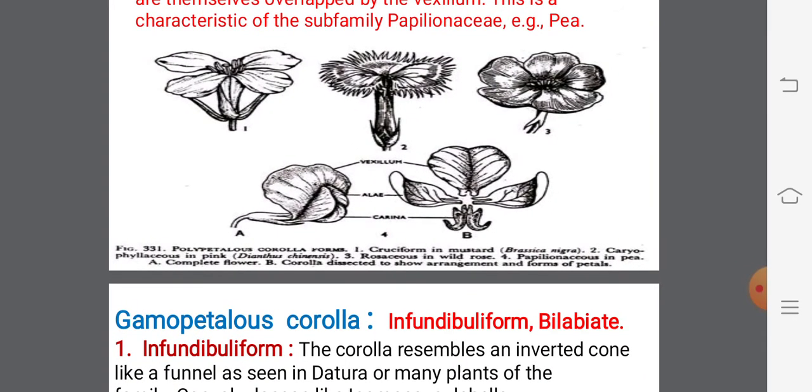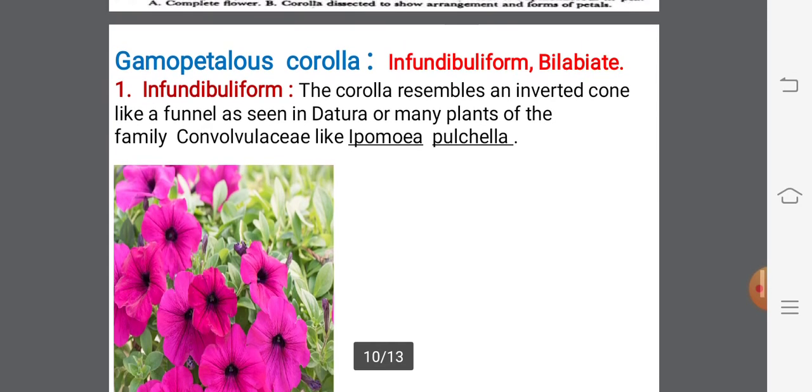In gamopetalous corolla we have two types, infundibuliform and bilabiate. Infundibuliform corolla resembles an inverted cone or funnel-like structure. A good example is Datura or many plants of the family Convolvulaceae like Ipomoea. We have just seen the Datura photograph.